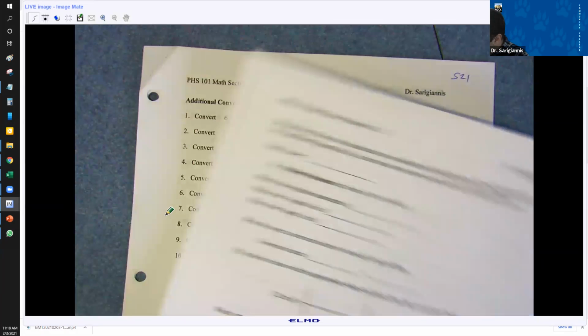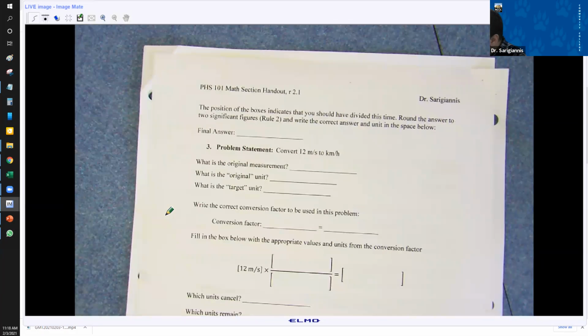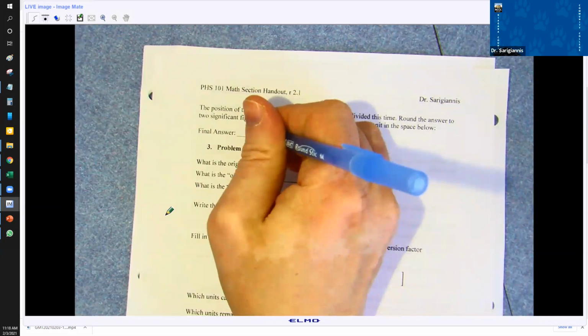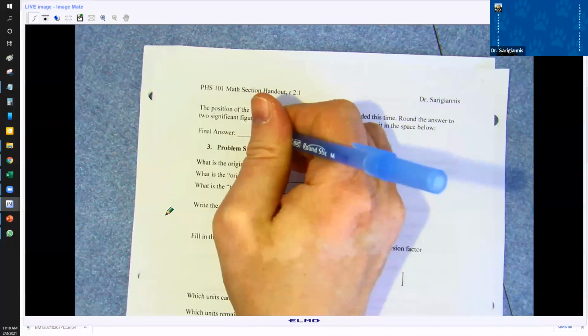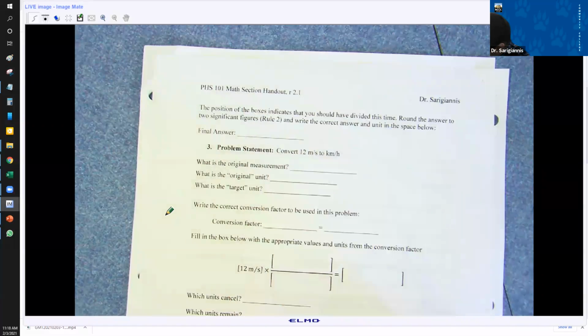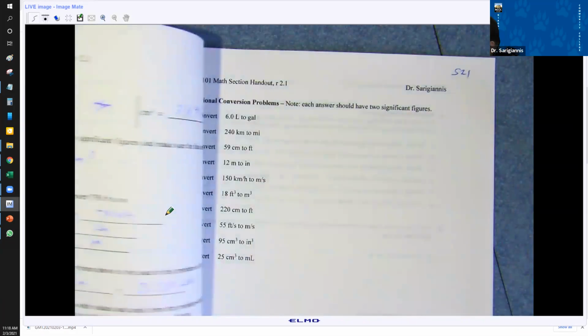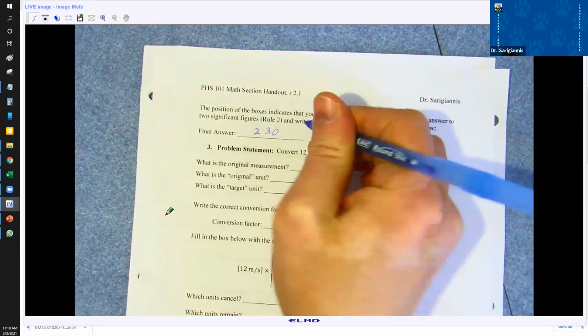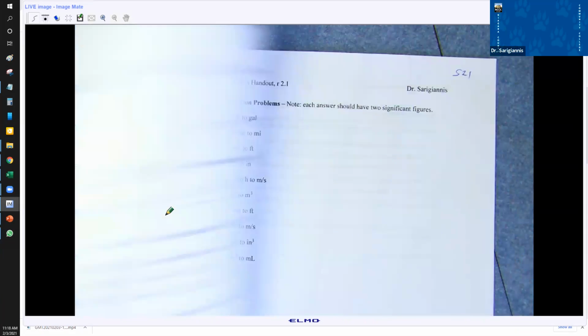Based on the rules of multiplication and division, we use 2 significant figures. So we have a final answer of 228.58, which we round to 230. The units are meters.